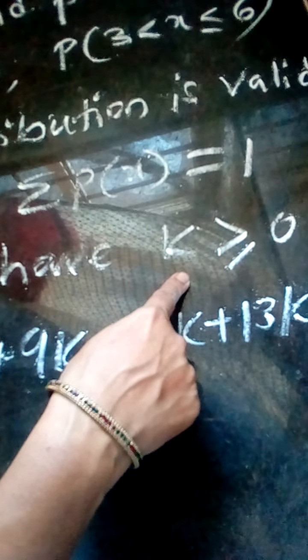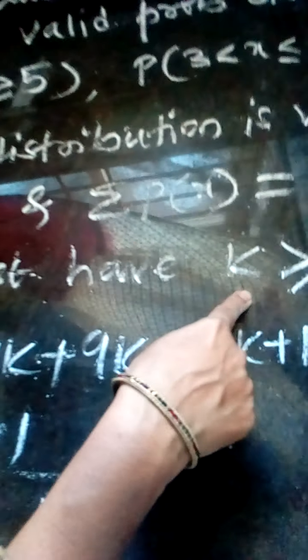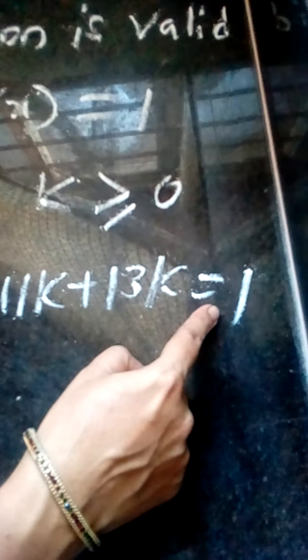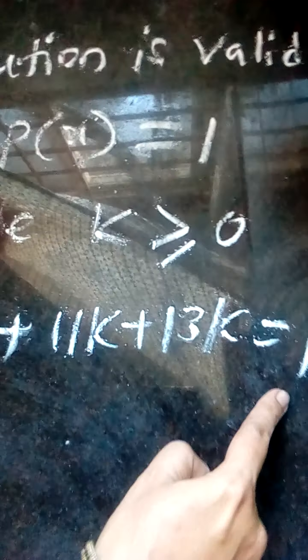Then we have to add all these values: k plus 3k plus 5k plus 7k plus 9k plus 11k plus 13k, and equate it to 1, because according to the definition it is equal to 1.